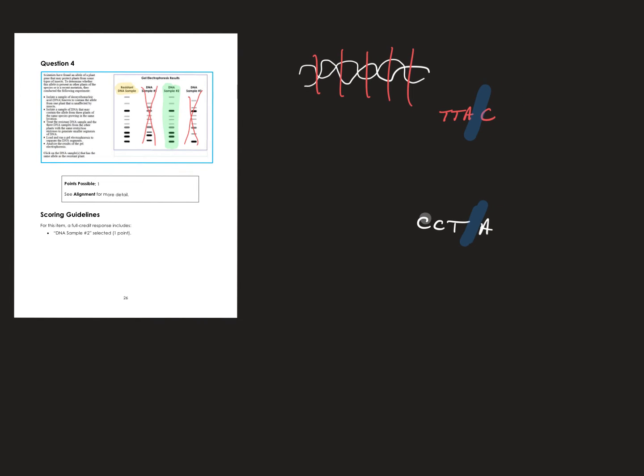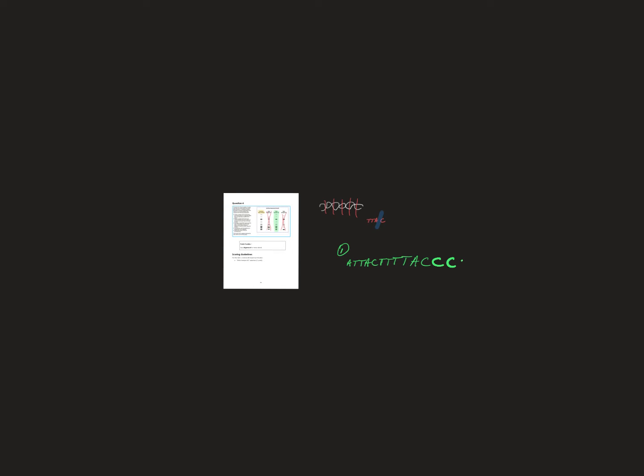Why? Because when I took an enzyme, they cut in between TTAC, in between the A and the C. And sample 1 had a T T A C T T T T A C C C A T T T C. Well, this is just an example here.